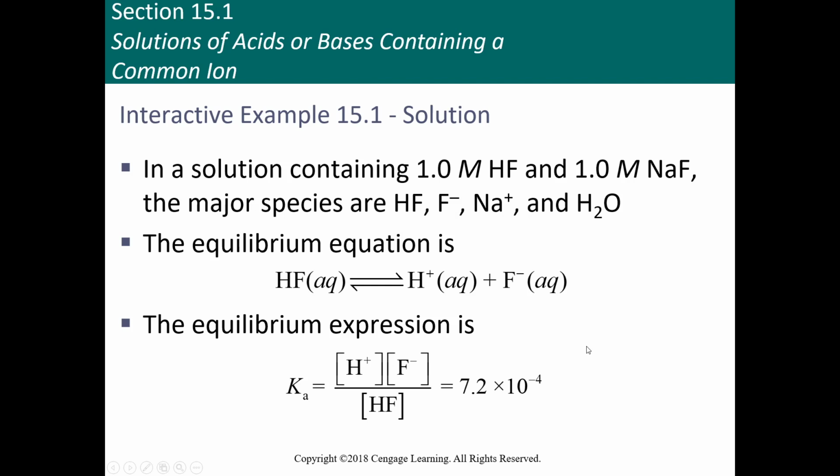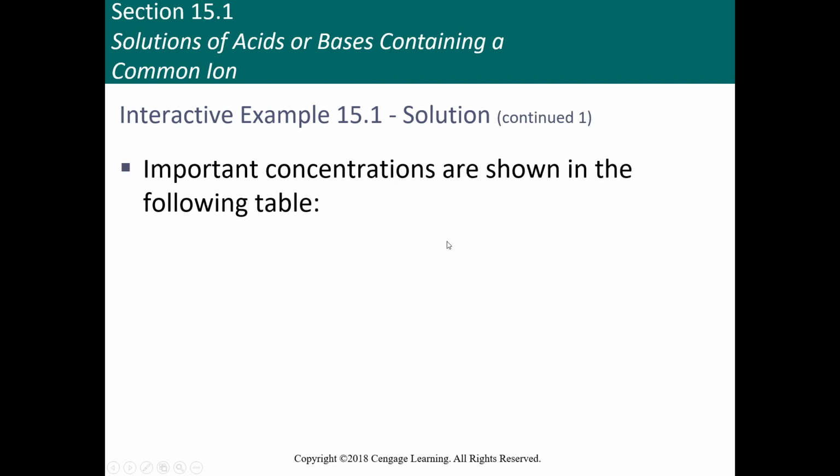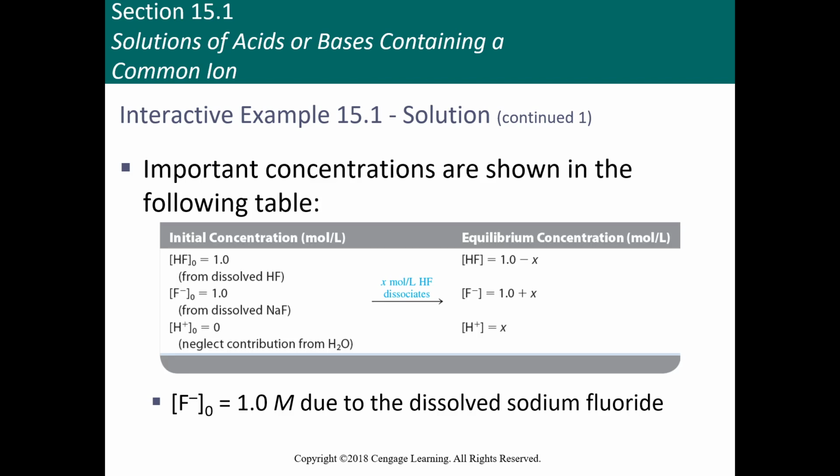Remember, the position never matters for Kas. That Ka is true for this equilibrium at this temperature, whatever that happens to be. Probably room temperature. Now, the important concentrations are going to be shown in this following table here. And so right here we have the HF concentration that we start with. At equilibrium, we're going to use some amount of this HF up to produce H plus and F minus.